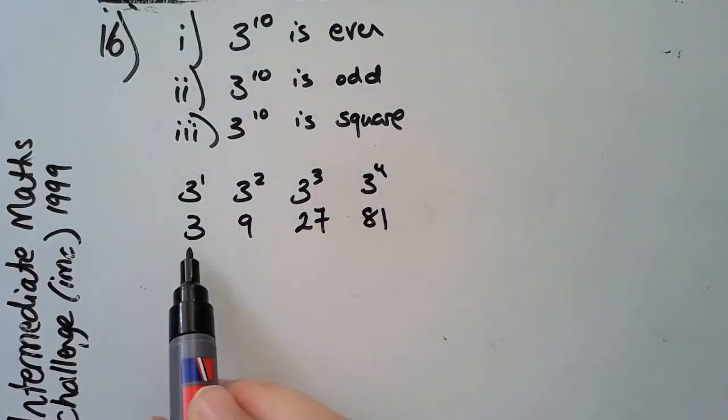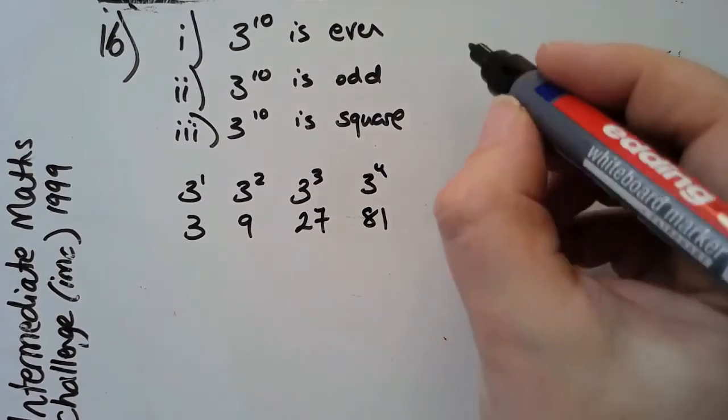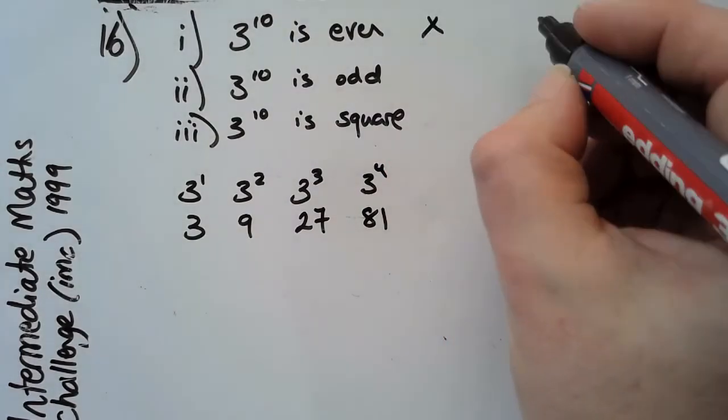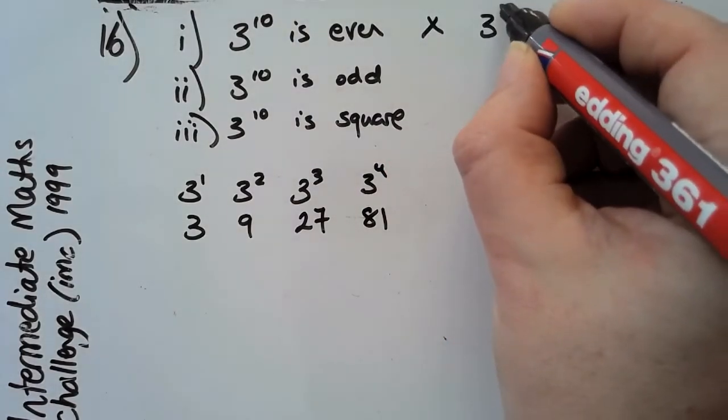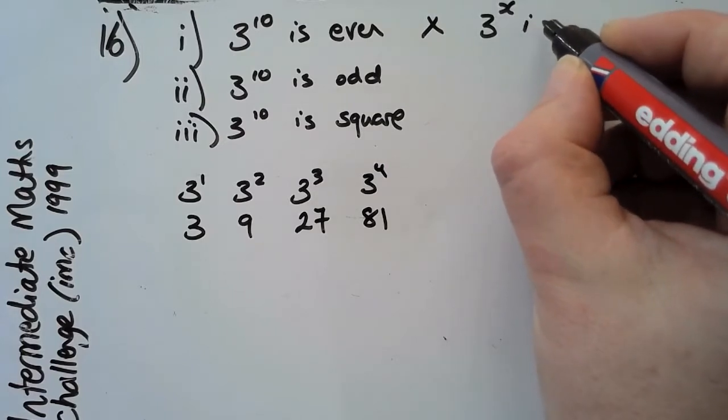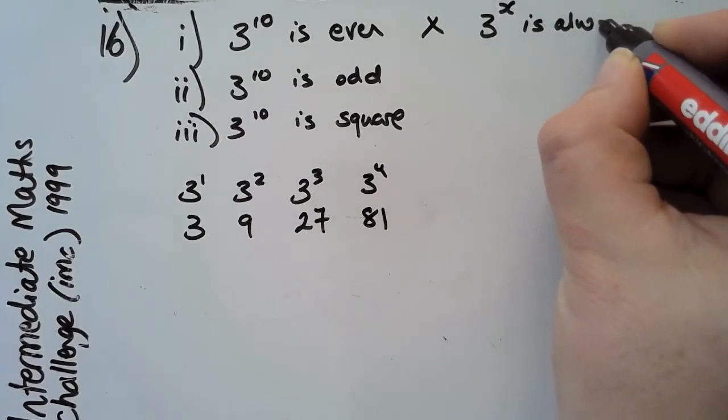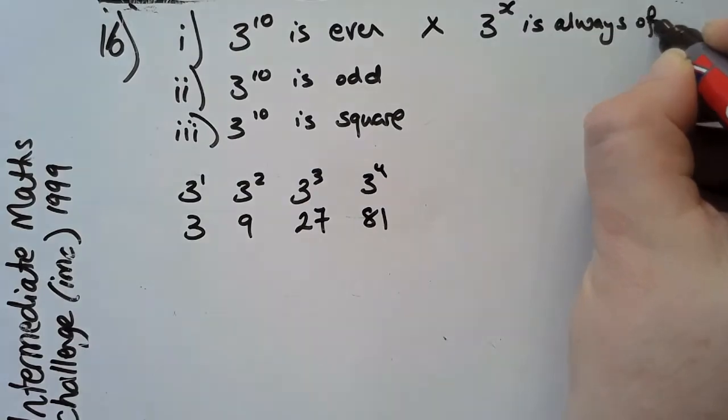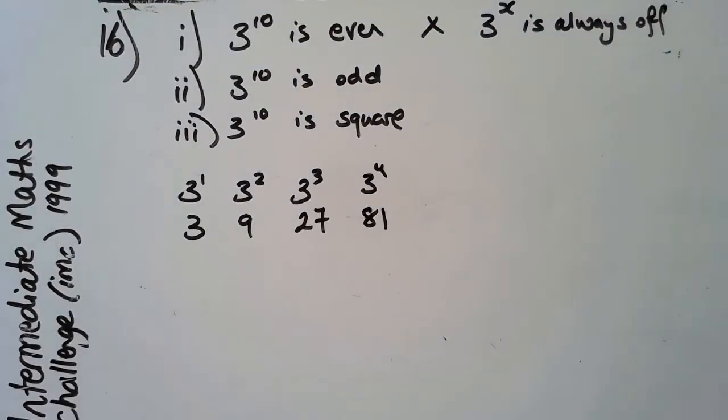Well, no. 3, 9, 27, 81. This is clearly false because 3 to the power of something is always odd. And therefore this is false.